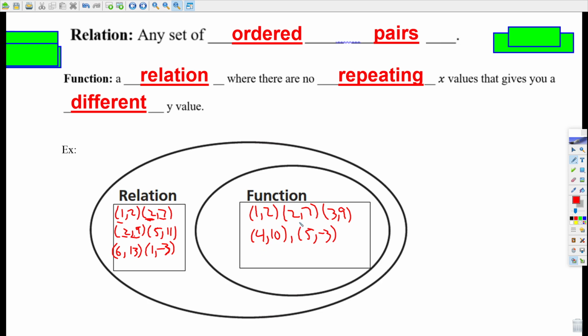As long as we do different x values, it doesn't really matter. So what if I did, let's say, 12, comma 10. Would that be okay for these two? Absolutely, as long as the x values are different every time. So anything you can think of is a relation, but there's only a smaller subset of things that qualify as a function.